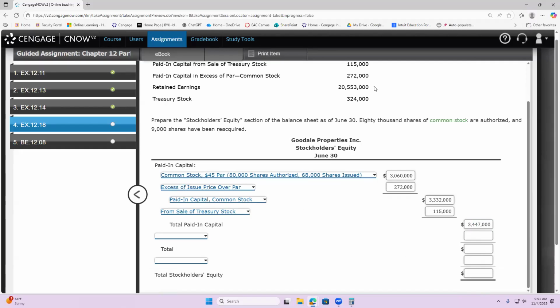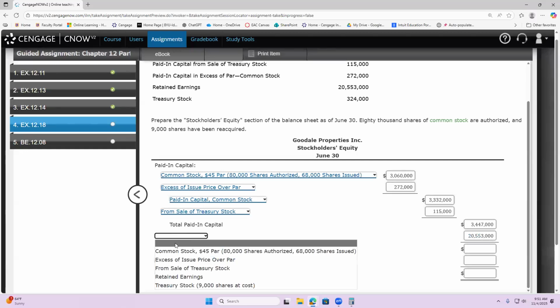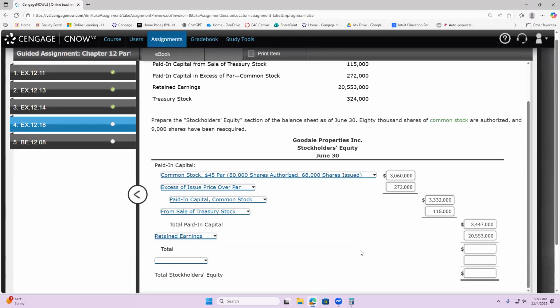Then our retained earnings. We add those together to get our total, which looks like it comes out to 24 million.